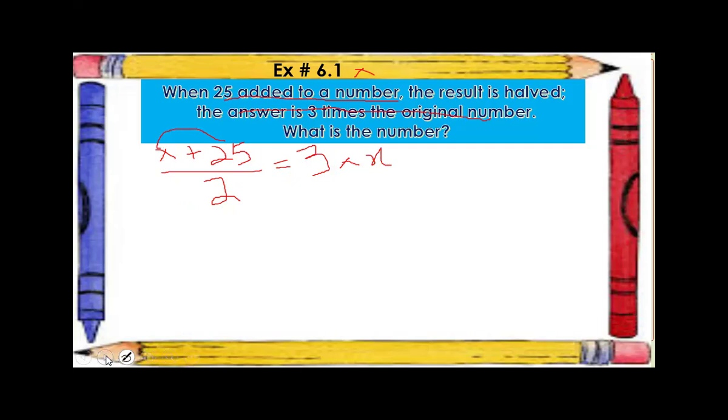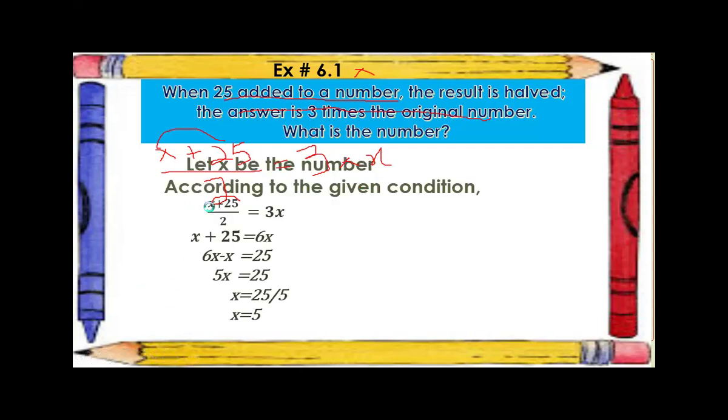Is it clear? So how can we solve such an equation? According to the given condition, we get x plus 25 over 2 is equal to 3x. Students, this 2 is dividing on the left hand side. When it moves to the right hand side, it becomes 3 twos are 6. Now on the next step, what we want is the value of x, that is the number, right?